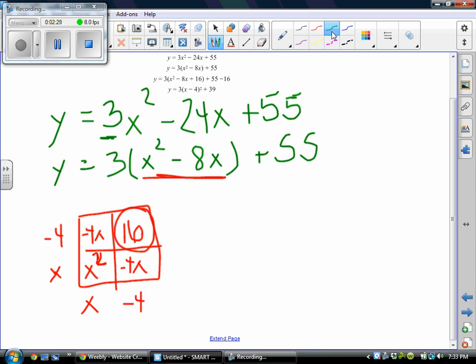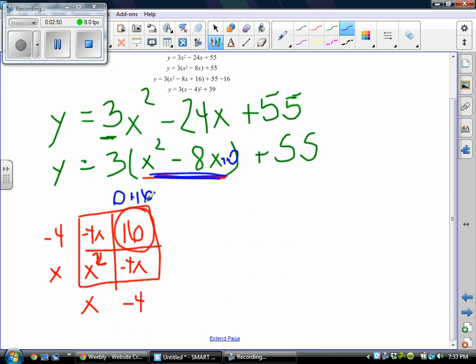But in my problem, in these parentheses, I have no constant terms. I could really add a little plus 0 if I want. I have a plus 0, no unit tiles. I'm trying to get to 16, so I need to add 16 on this side.